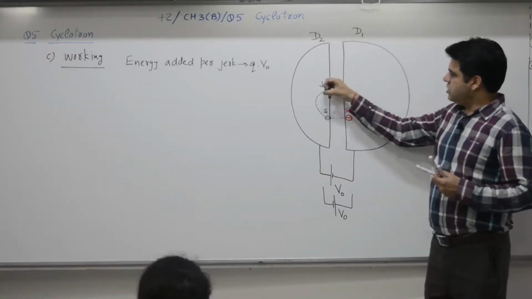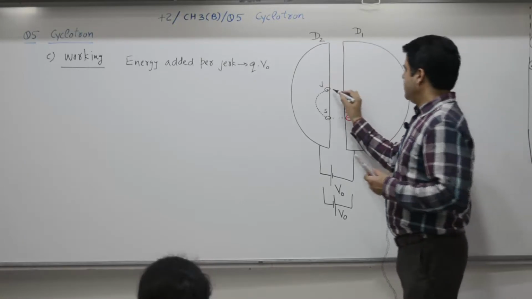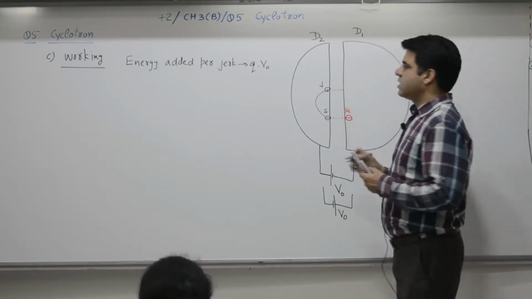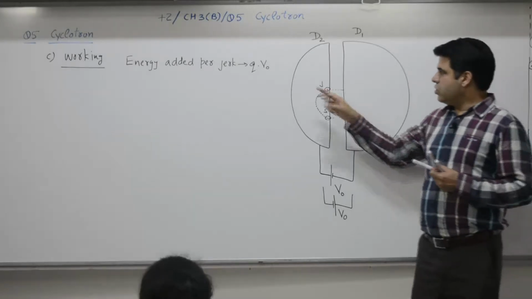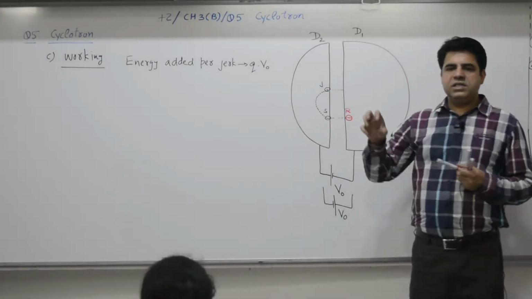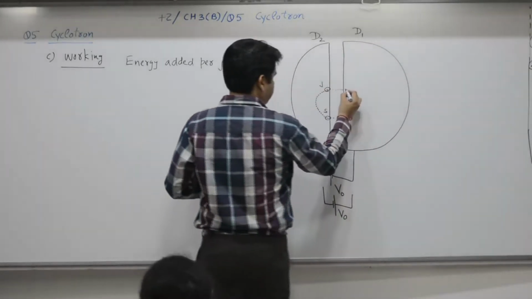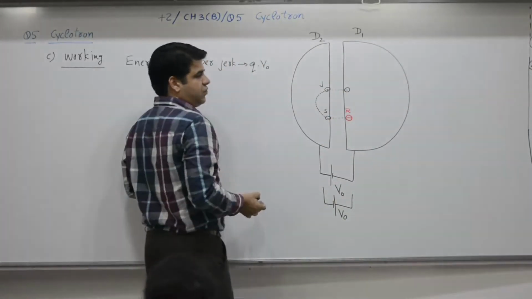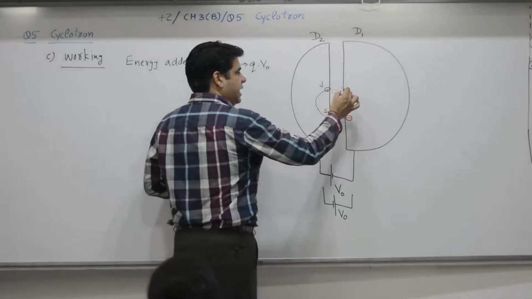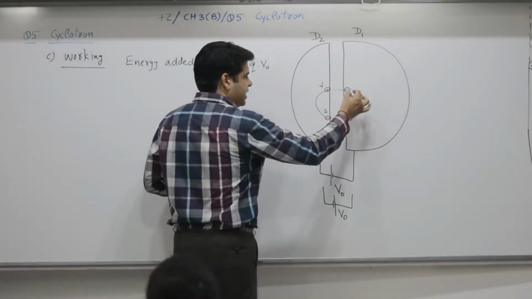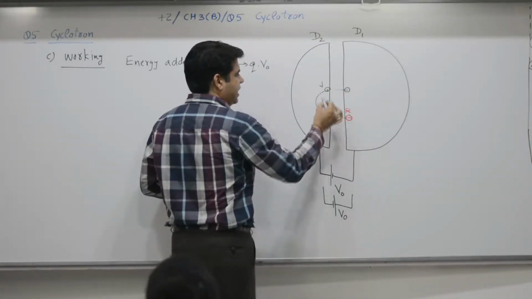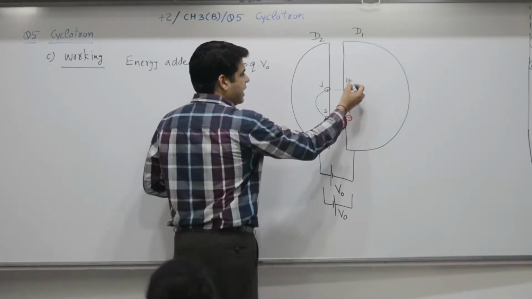So, this charge particle experiences another jerk and now Q V0 energy is added. So, now the energy will become 2 times Q V0 and energy is more, its radius will also increase. This is R, S, J, this is K.